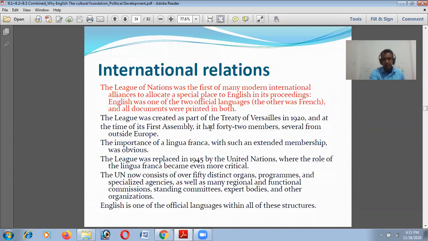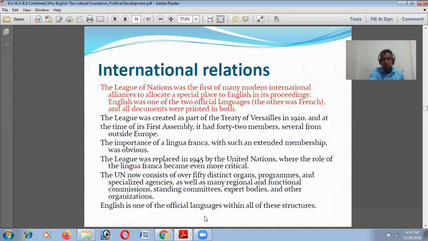For the first time, there should be a common language of communication. It was essential, but when there were 50 distinct organs included in United Nations, it was more crucial to use a single language for communications within the organs and the member countries of United Nations.